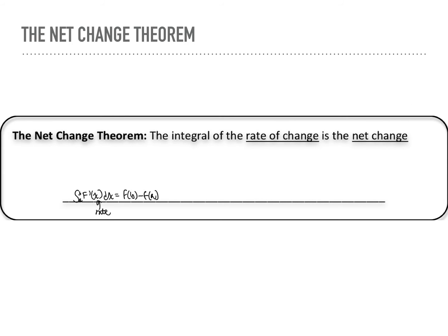The net change theorem says the integral of the rate of change is the net change. That's denoted as the integral from a to b of f prime of x dx, which equals the antiderivative evaluated at b minus the antiderivative evaluated at a.